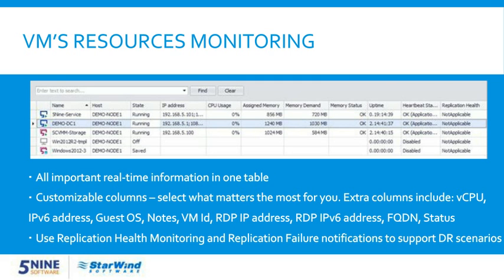And also you can set up replication failure notifications to support disaster recovery scenarios, because you don't really want to be caught in a state when you feel falsely protected, but your replication stopped working a week ago.